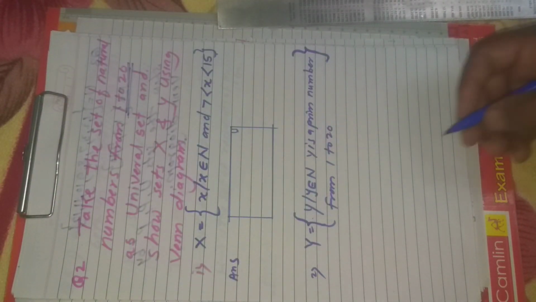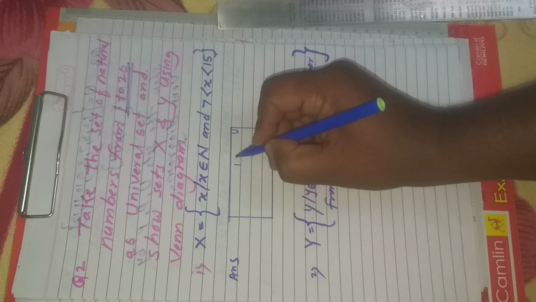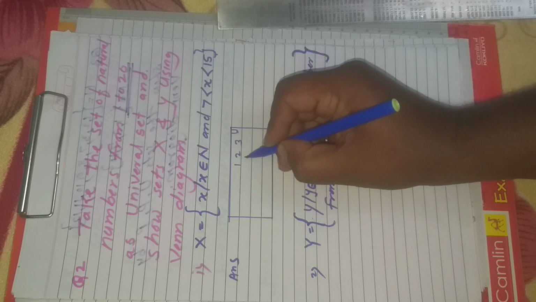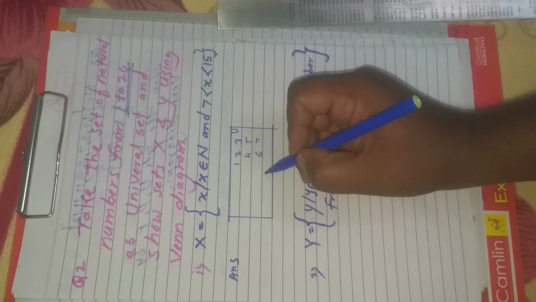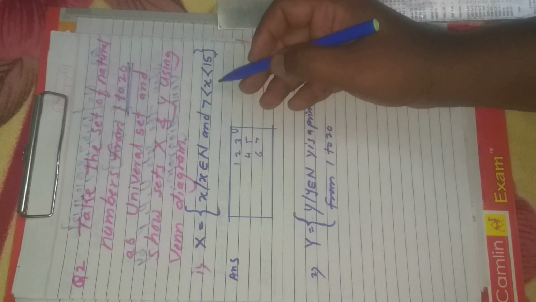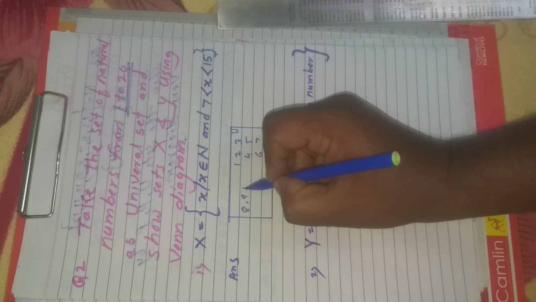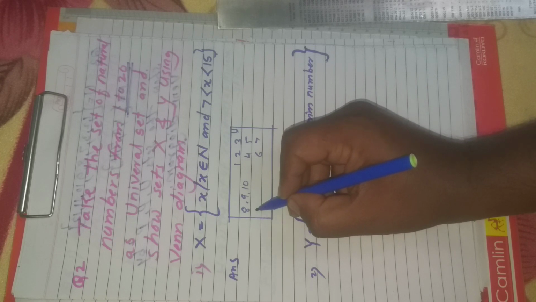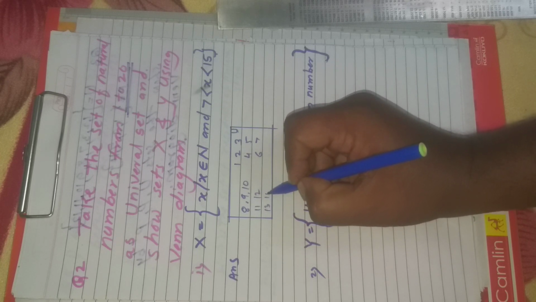So we write 1, 2, 3, 4, 5, 6, 7. Now X contains numbers above 7. Above 7 means what? 8, 9, 10, 11, 12, 13 and 14.